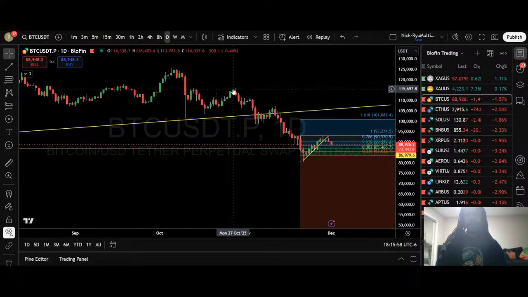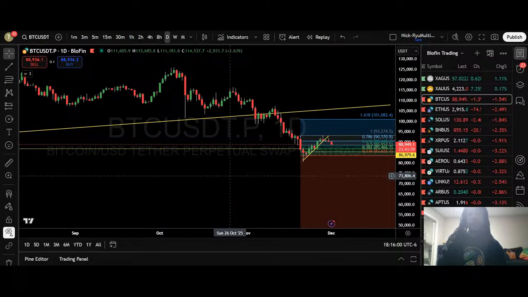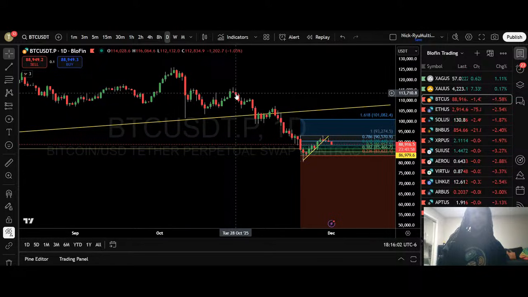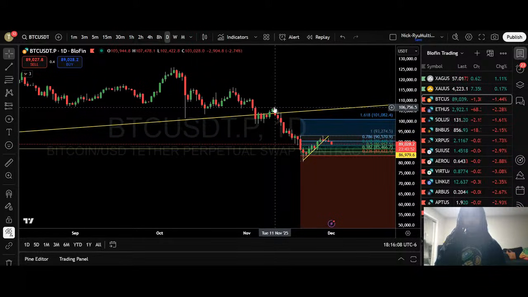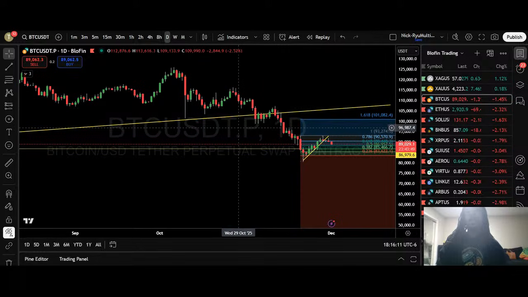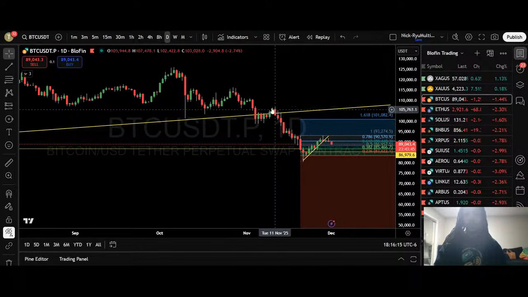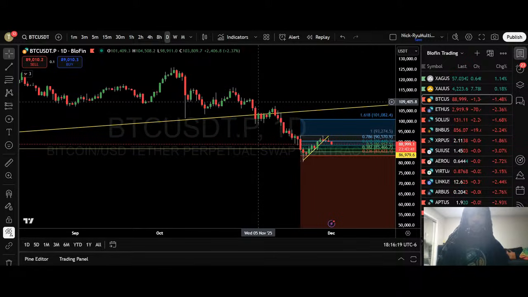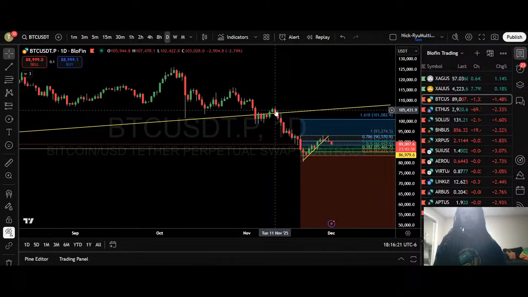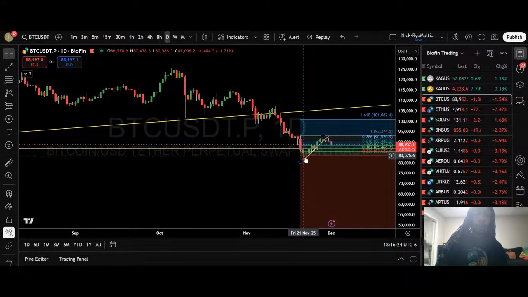That evening star pattern was created lower than our most recent high, so it made sense to look for price to come down lower. Even once we pushed up, we found resistance here, and that is a bearish engulfing pattern, right? We had that bearish engulfing created below our recent high, which allows us to understand that we created a lower high, and then price created a lower low.